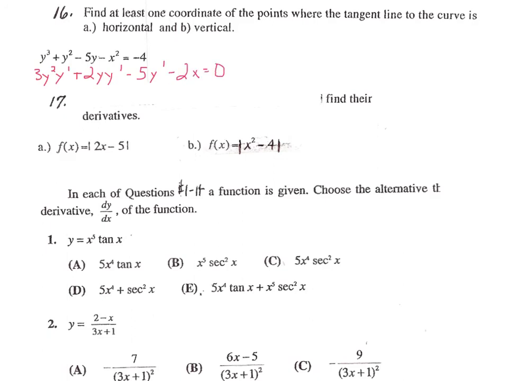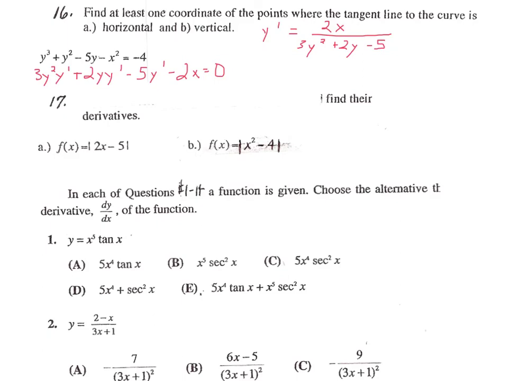And so now I want to isolate y prime. So I'm going to move the 2x to the other side and divide by the remaining terms. So I'll have 2x all over 3y squared plus 2y minus 5.